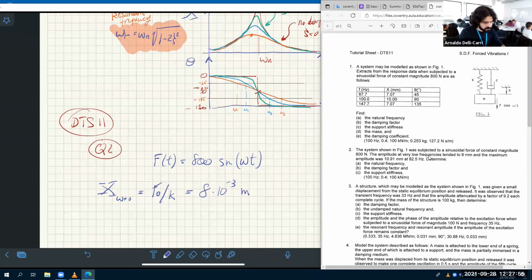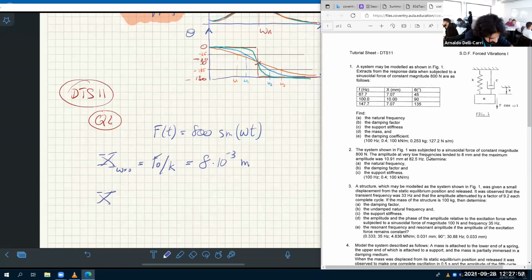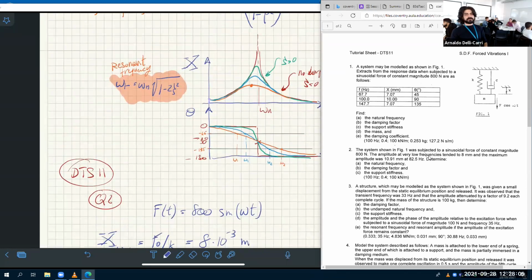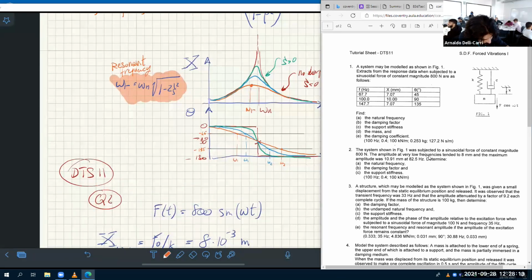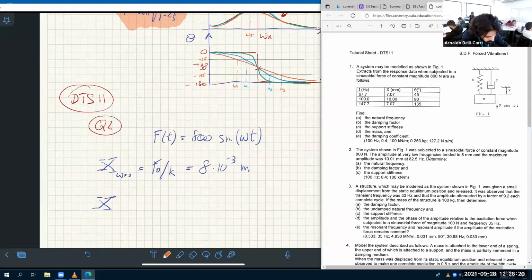And the maximum amplitude, where is it? At which omega is the maximum amplitude? Look, omega n. Correct, omega r. So X at omega equal omega r is 10.91 millimeters.